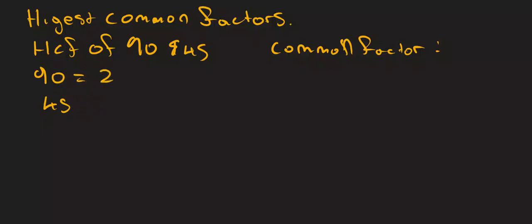Let's see. 180 is 2 squared times 3 squared times 5. Sorry, my bad. 45 is 3 squared times 5. Now, we have 5 to the 1 and 5 to the 1, so we have 5.